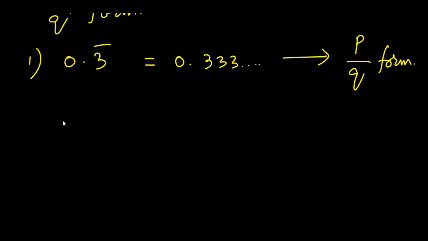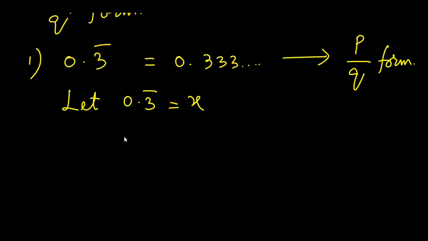How do we convert? So first, let us say, let 0.3 bar be equal to x. Let the given recurring decimal be x.